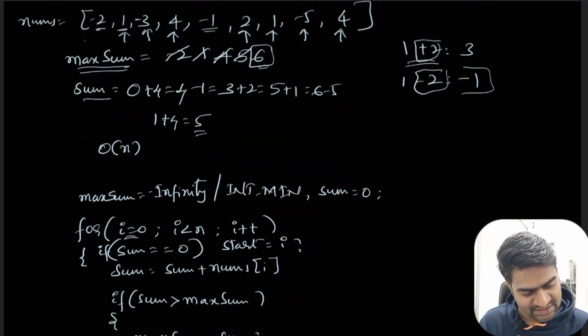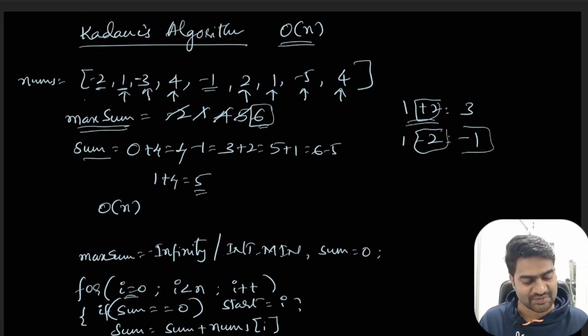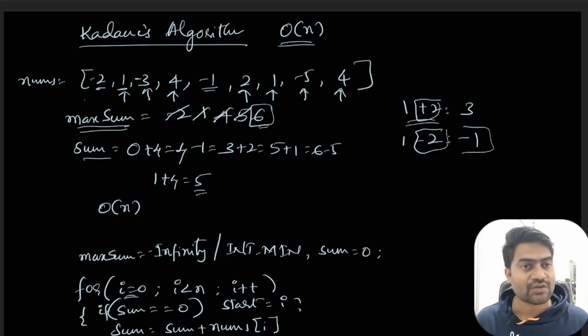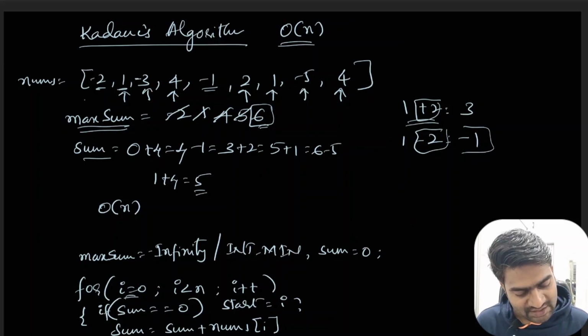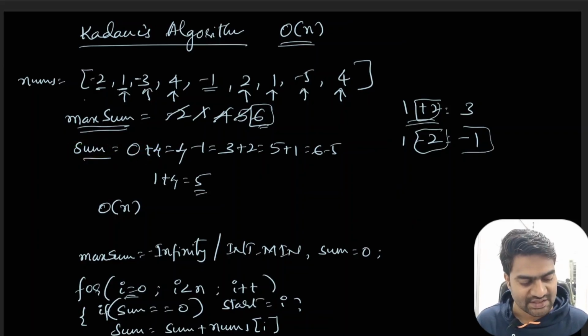Okay, so in this case we have already seen this particular array gives us the maximum sum. So if that is the case, how to get that particular subarray which gives the maximum sum? What we were doing, whenever our sum was going below 0, at that time we used to reset it back to 0.